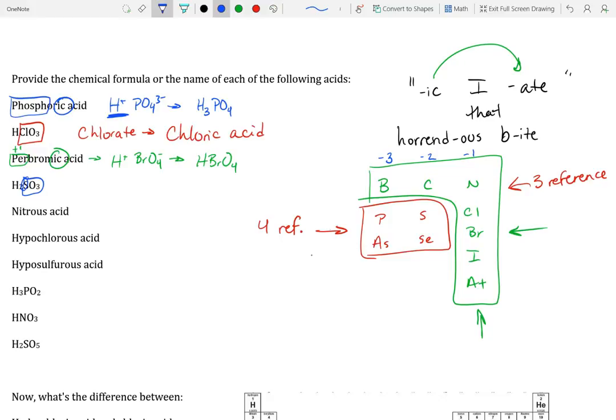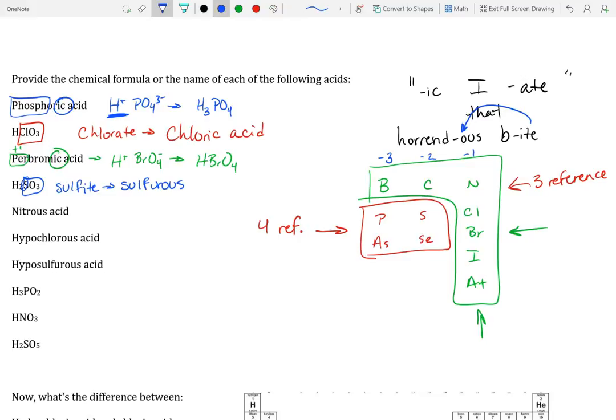So we should have not sulfate, but sulfite. Ite becomes ous, right? So we have sulfurous acid. I think that's what it's called, not sulfous.